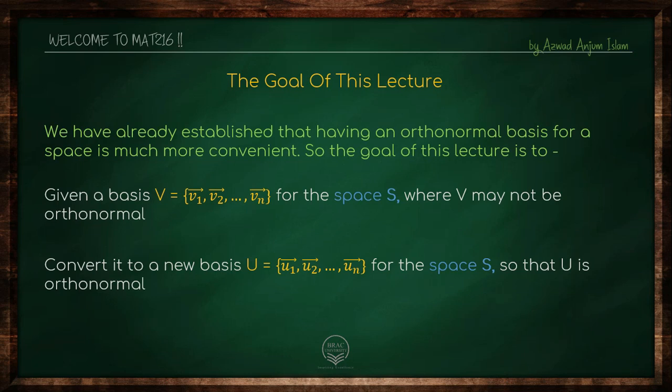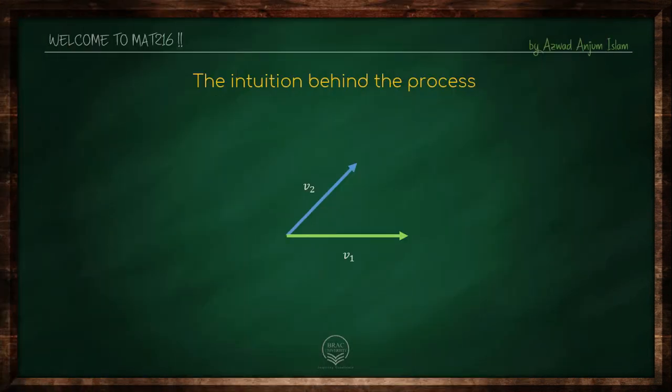Alright, so before we go into the equations and formulas, let's first talk about the very simple intuition that works behind this process. The intuition is actually very simple, so I thought it would be better if we understood that first.